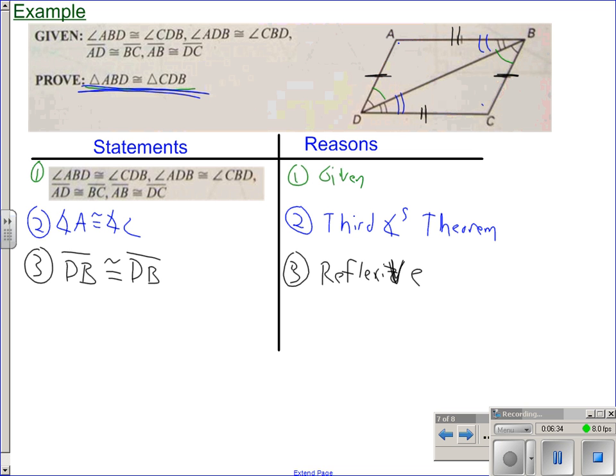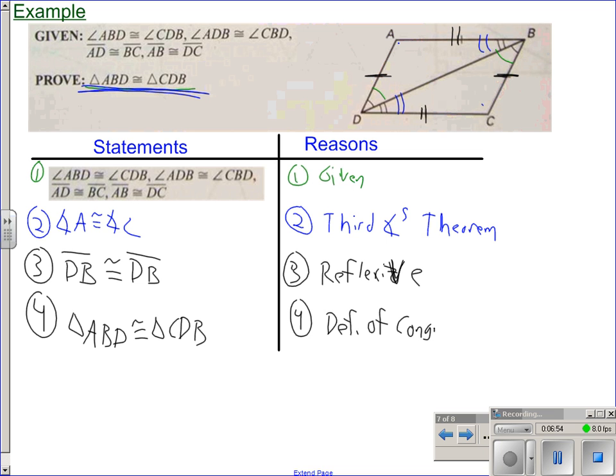And they're all written in our statements 1, 2, and 3. So statement 4 is now what we want. Triangle ABD congruent to triangle CDB. Pay special attention to the order of the letters. Keep everything the same. And the reason this is true is the definition of congruence. To prove two figures are congruent, we need to show all corresponding parts are congruent. And we have that.